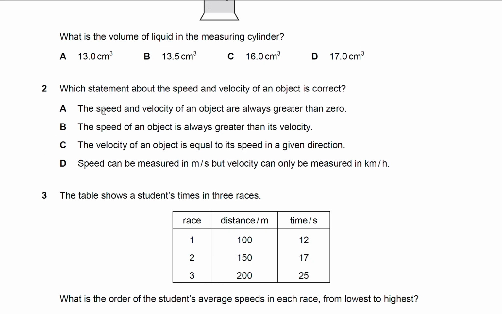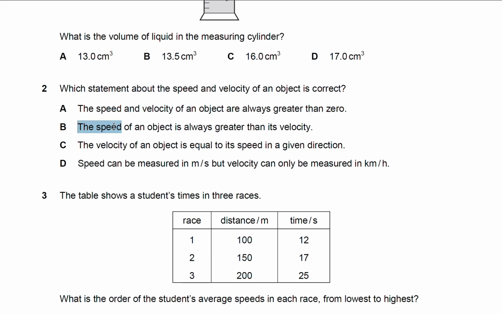So let's rule out some options which are obviously wrong. The speed and velocity of an object are always greater than 0. Not necessarily. Sometimes the speed can be 0, velocity can be 0. It's not necessarily a true statement. So it's ruled out.